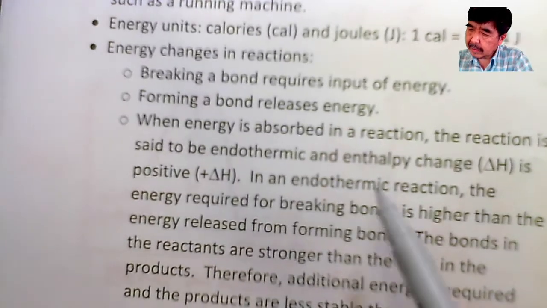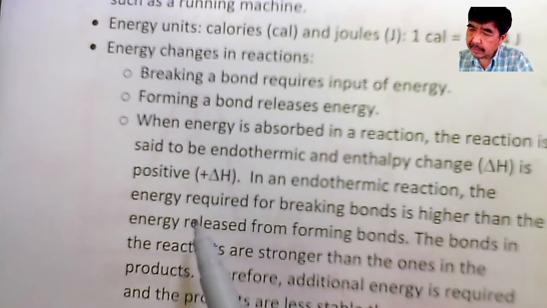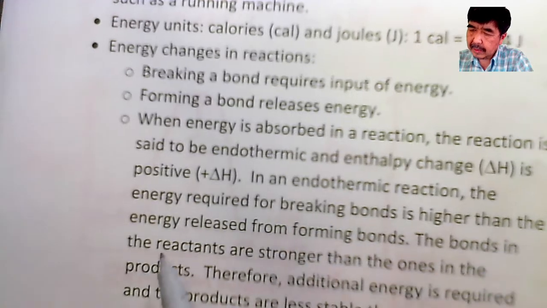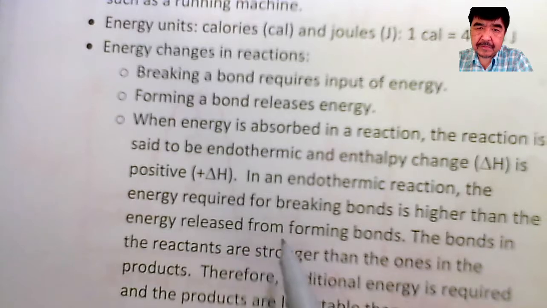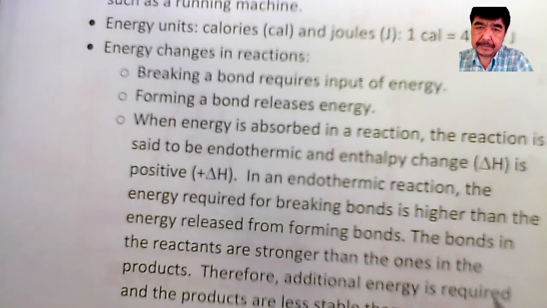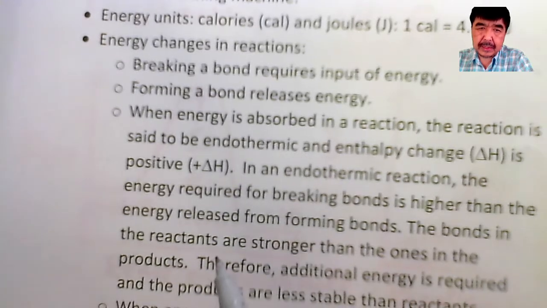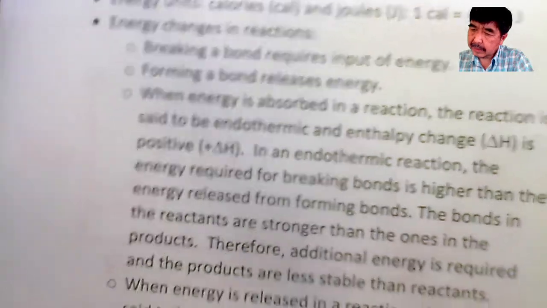In endothermic reactions, the energy required for breaking bonds is higher than the energy released from forming bonds. The bonds in reactants are stronger than the ones in the products.